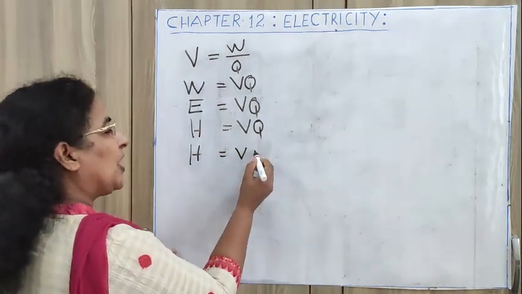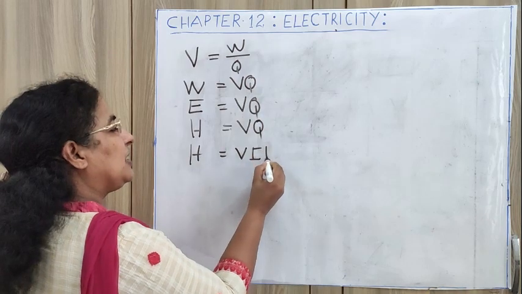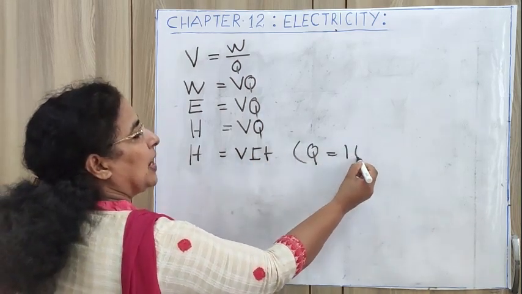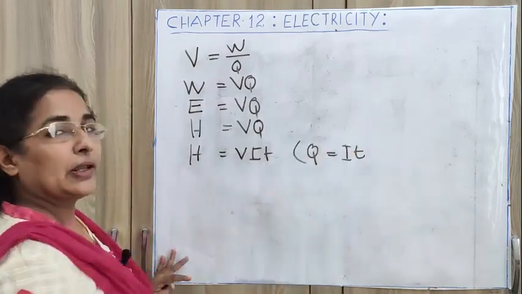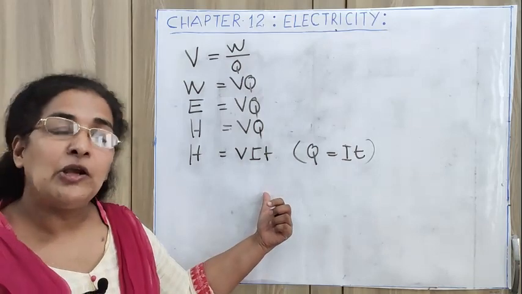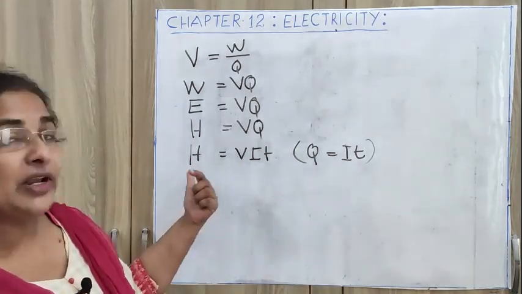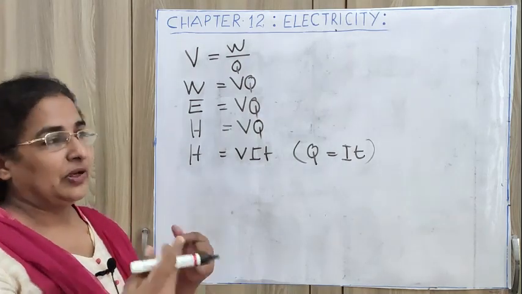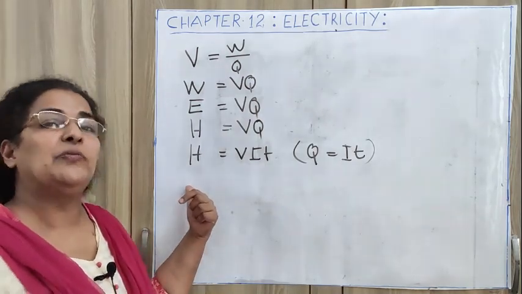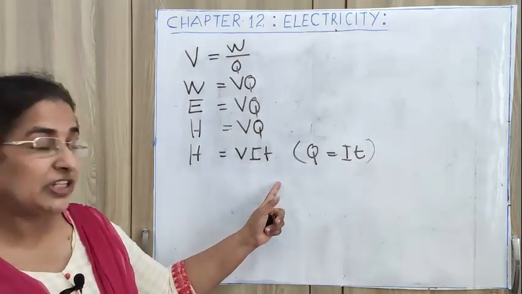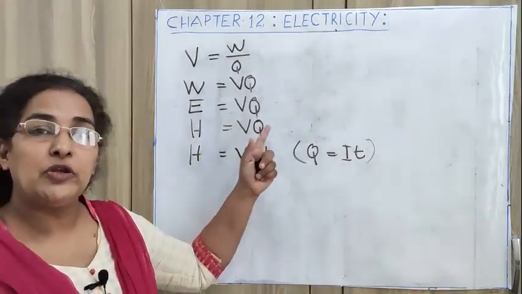So instead of Q I am writing VIT, because Q is equal to IT, current into time. So one more expression I am getting for heat energy produced in a resistor or a conductor. Generally a resistor, because there heat energy will be produced for some purpose. Heat energy is equal to VIT. One expression, heat energy is equal to V into Q.